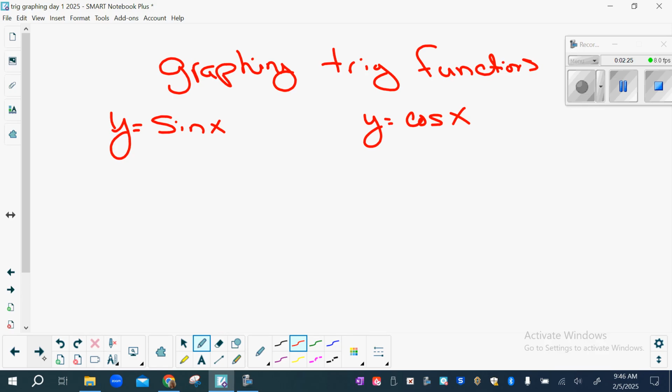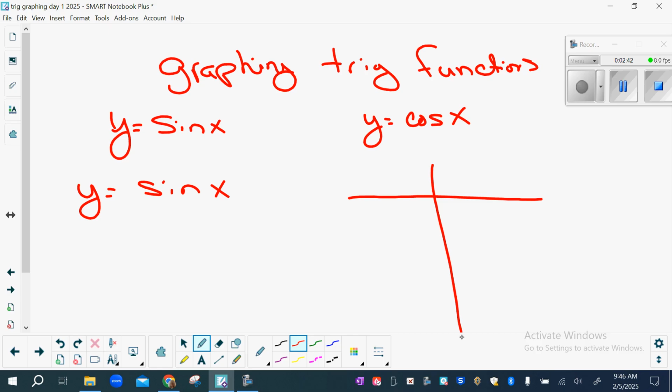We're going to start right here, and you're going to write on your note page y equals sine x, and you're going to put a t-chart over here, and you're going to put a graph over here. Are you guys cool with that? On your paper. Use your little rulers. See, I gave you rulers.